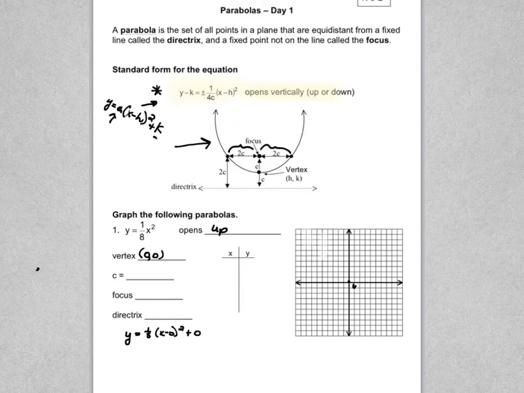Now we're going to go back and look at some more things on our formula. Well, what is c?